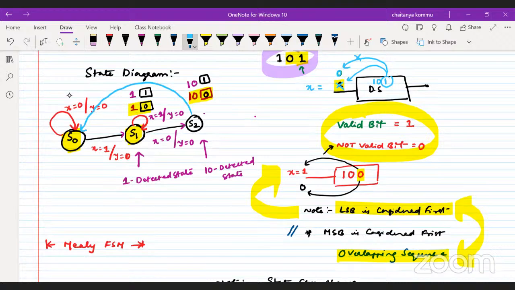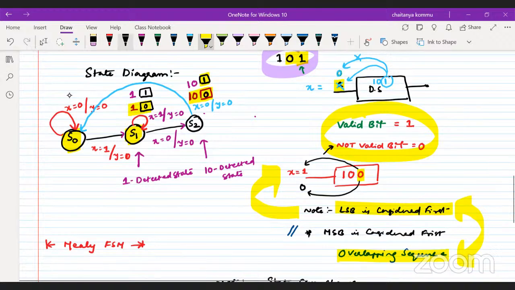Right, now what about the 101 sequence then? As we said, 1 is a valid bit, so it has to move forward. But where does it have to go? If 1 is a valid bit, we need not think about previous bits.